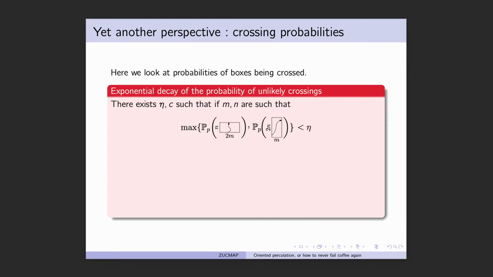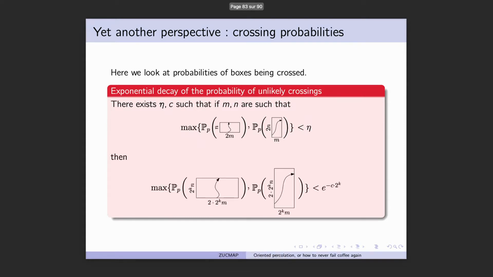So just to say a few words about this result, it tells you that if you have some boxes with dimensions 2m, m, and 2n, the probability that you observe an open path that crosses the box vertically in the one case, so from the bottom to the top, or horizontally from, say, the left side to the right side, if this is small in the first place, then when we scale the dimensions of the box, it becomes exponentially smaller.